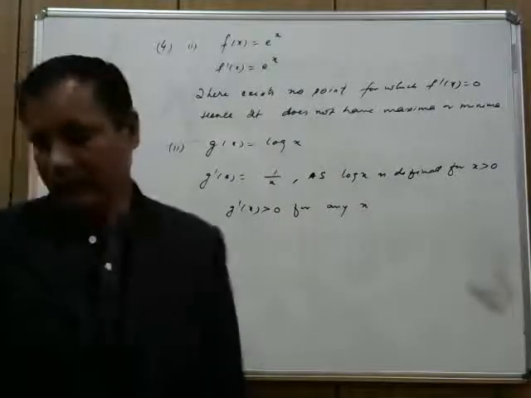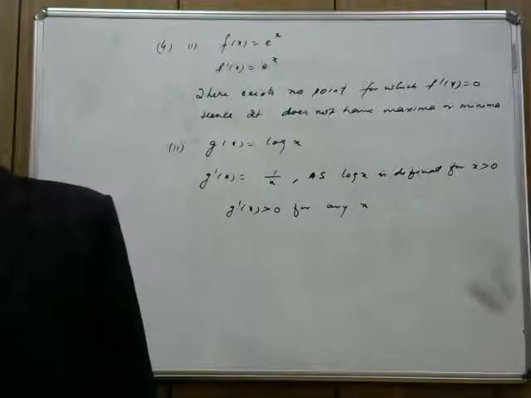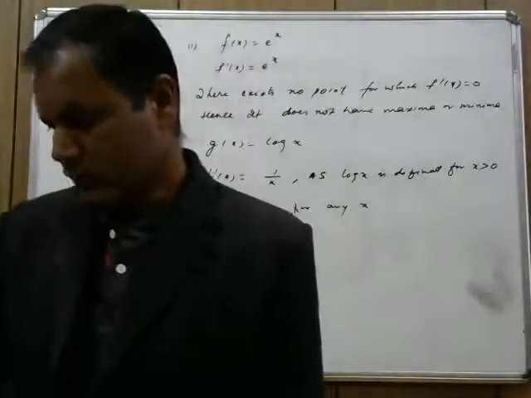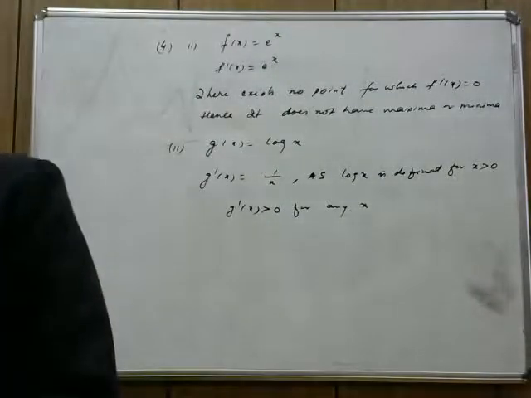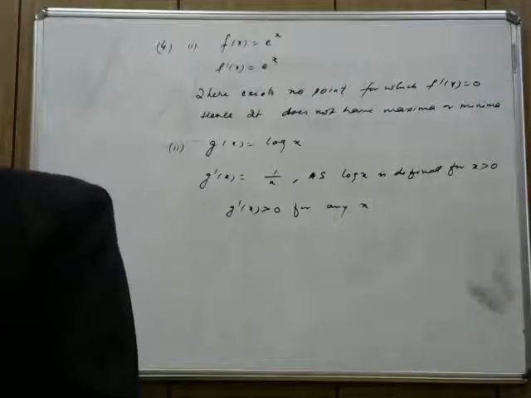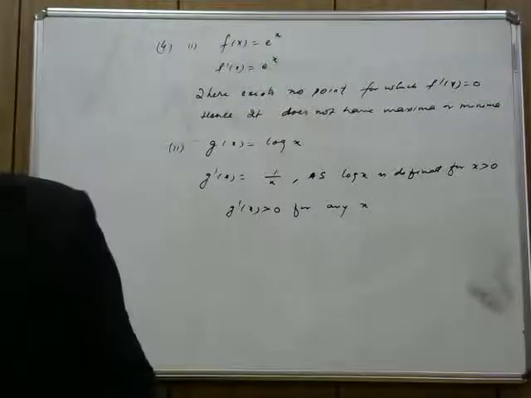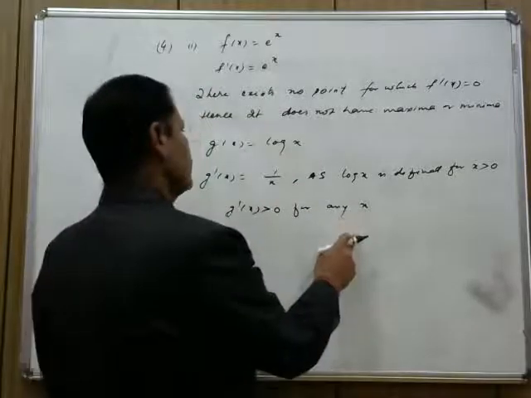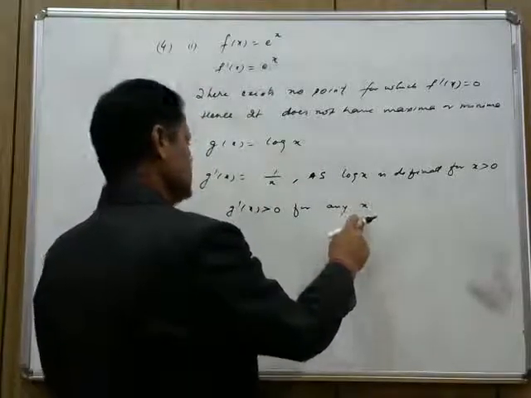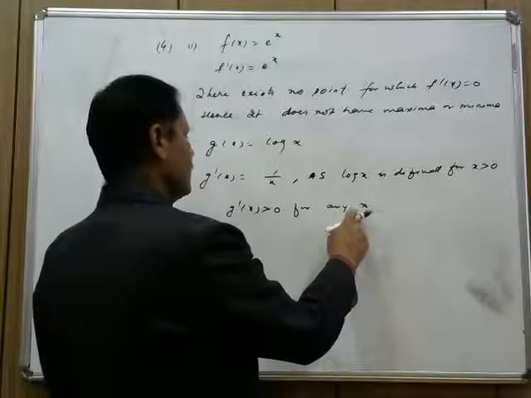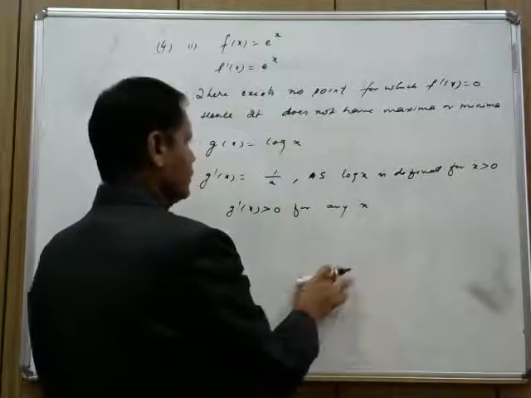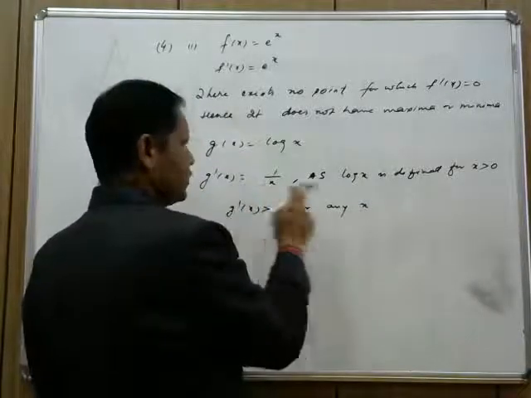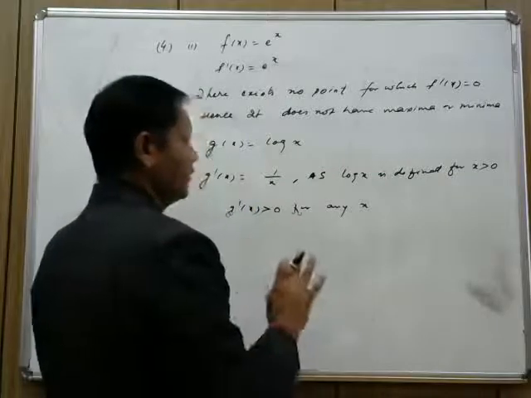That's why we can say that the given function g of x doesn't have maxima or minima. That means there exists no point x among the whole real numbers R for which g dash of x equals 0. It can never be.